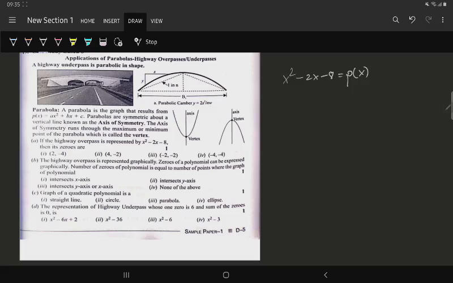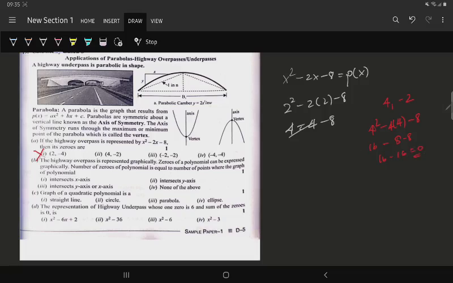You can check with the first one. 2 square minus 2 into 2 minus 8, so you get 4 minus 4 minus 8. You don't get 0, so the first option is eliminated. Now check with the second option, which is 4, minus 2. If I substitute 4, you get 4 square minus 4 into 4 minus 8. 4 square is 16, and 16 minus 8 minus 8, so you get 0.